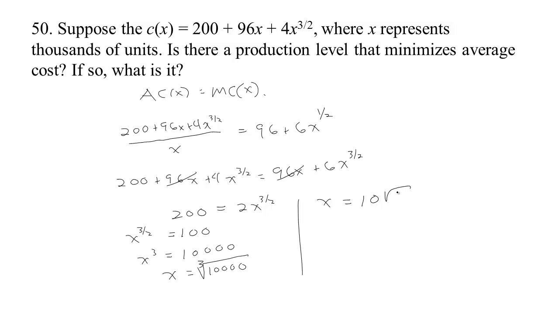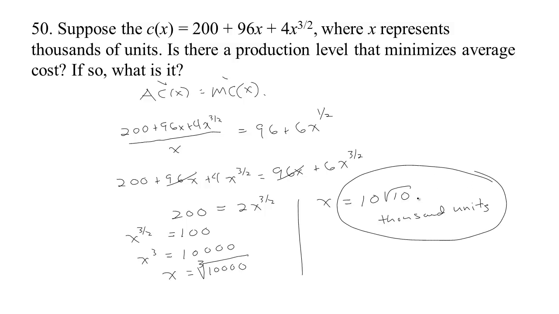And so we have 10 root 10. That would be the production level that minimizes cost. That's the production level where the average cost is equal to the marginal cost. So we have 10 times root 10 thousand units. And that would be the production level that minimizes average cost.